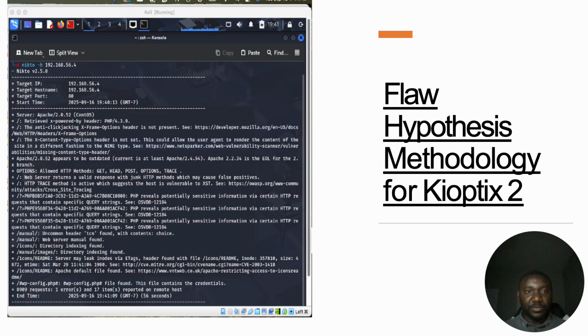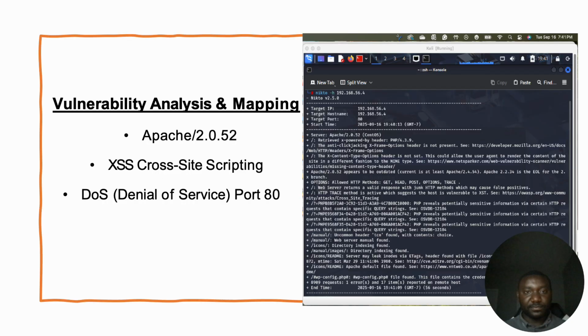Based on the flaw or the vulnerability we saw, each student or each person must be able to find the root cause and mitigate it by action. So for the vulnerabilities, we have the Apache 2.0 tool, we have cross-site scripting, and then we have the DoS using port 80.